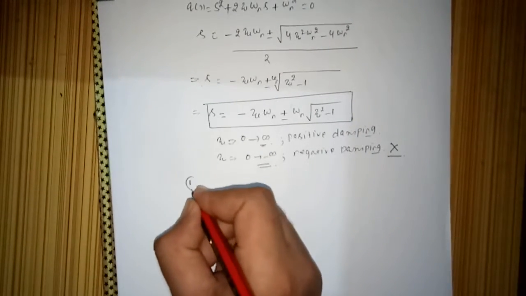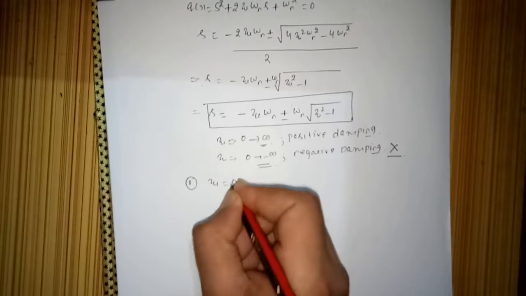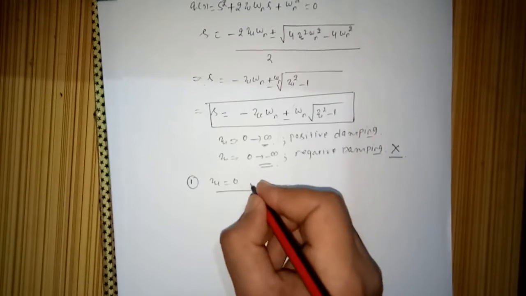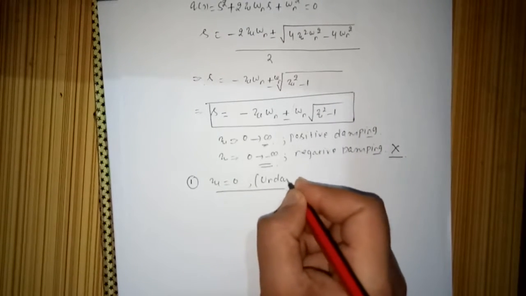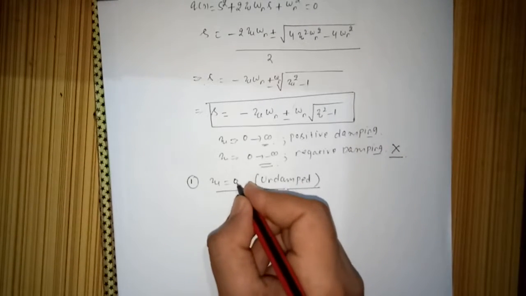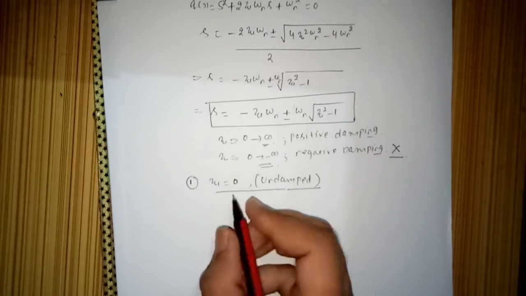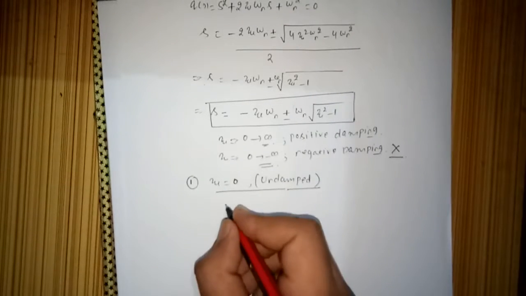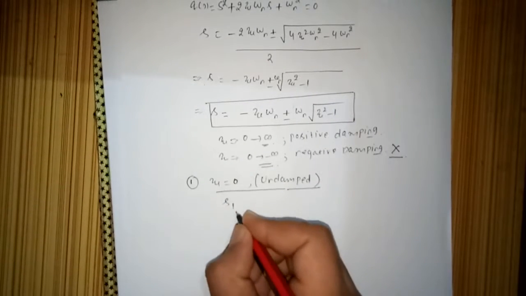In the first case, I discuss zeta equal to 0, and this is called an undamped system. That is, we are not doing any damping to the system. Then we will have two poles, s1 and s2.